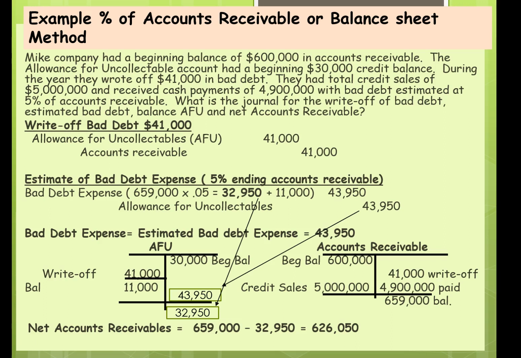And now our net accounts receivable is going to be $626,050, which is our accounts receivable ending balance minus the balance in our allowance for doubtfuls.